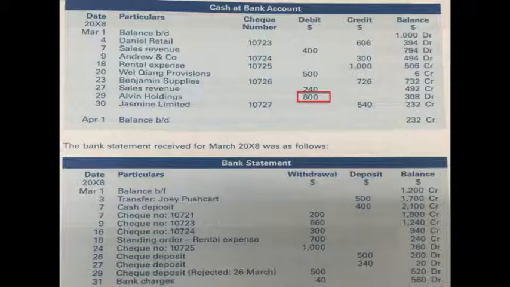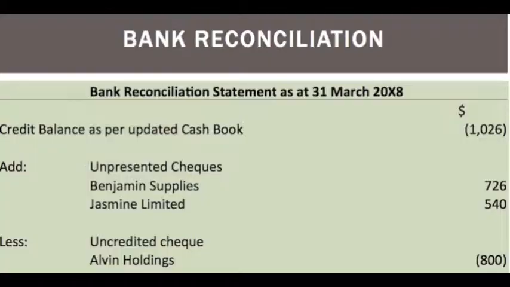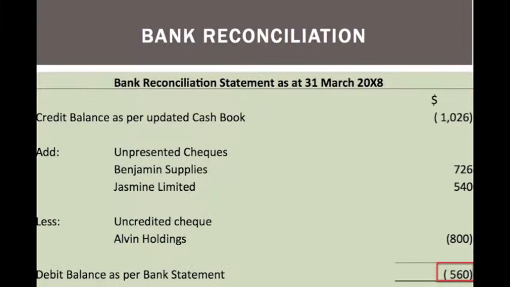We have to minus it off. So for this uncredited check, Alvin Holdings, you will less off 800, because the bank wouldn't have known about the existence of this uncredited check, and therefore wouldn't have included it in the bank account.